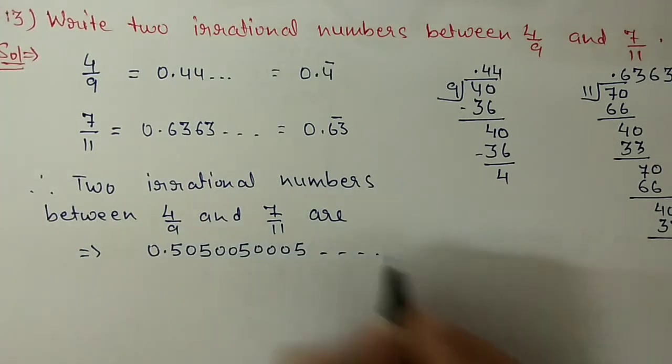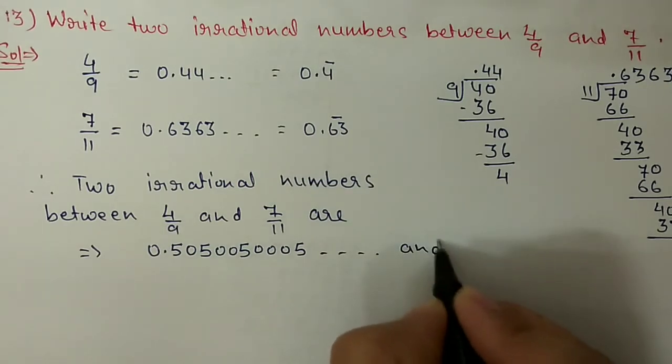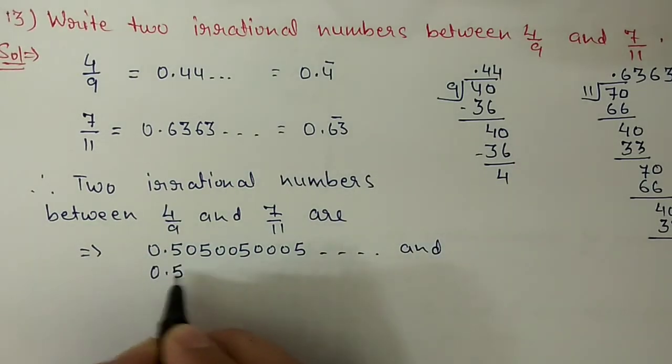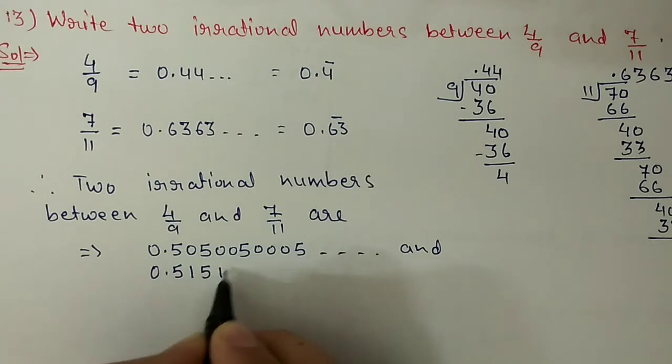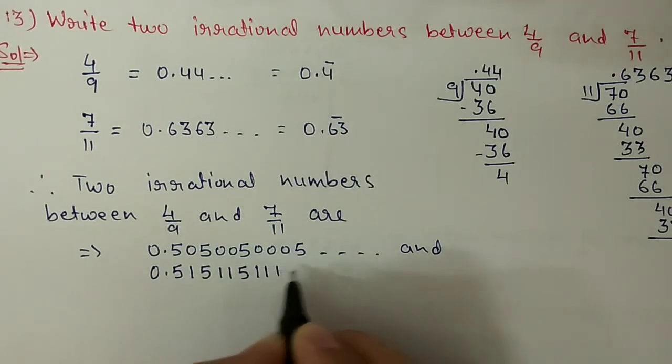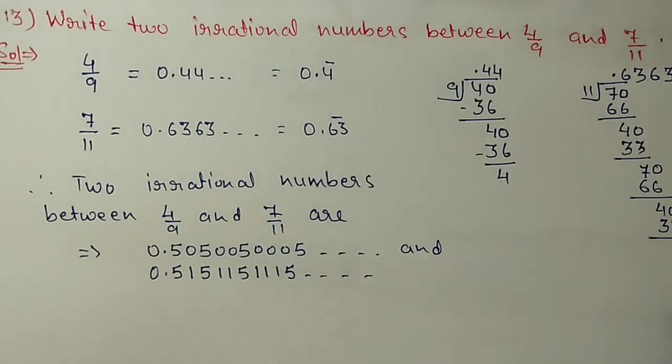This type of number we can take, and another number we can take 0.51, 5115, then 5115. Like this any pattern we can take here.